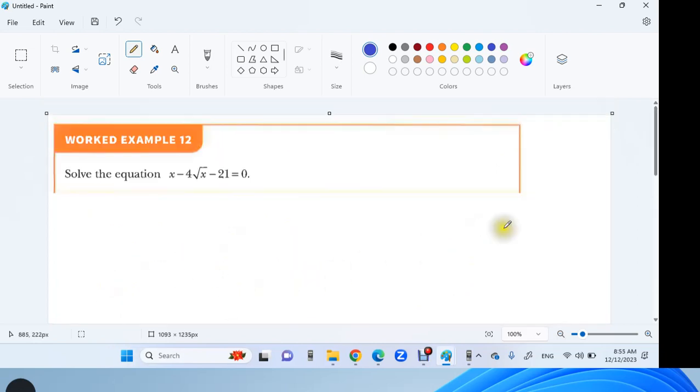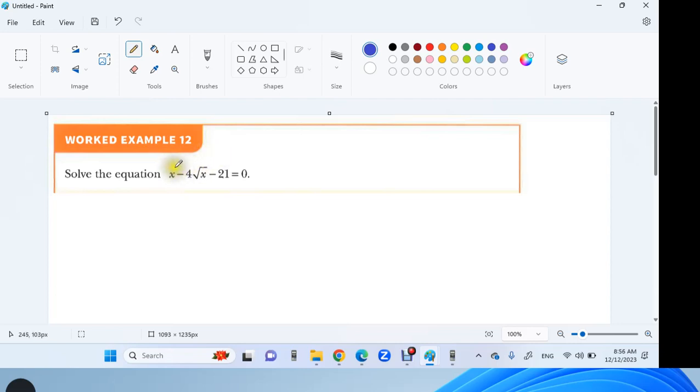So for this type of question, if you want to do the substitution, I suggest you use the middle one, the middle power.